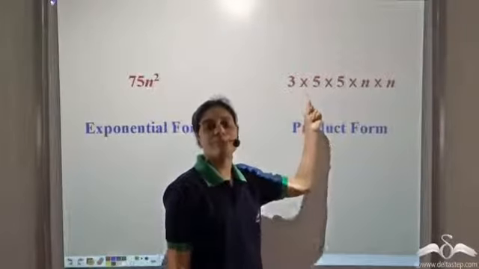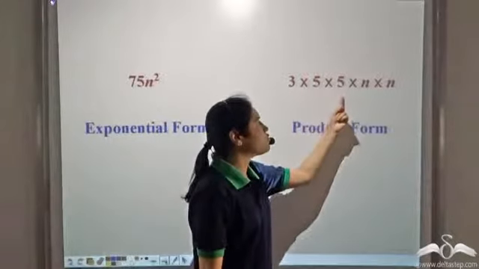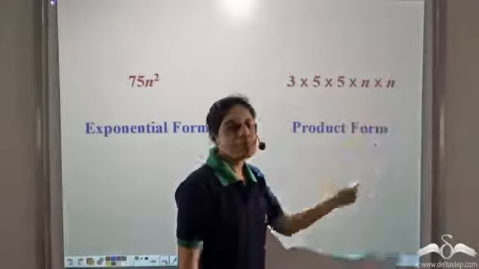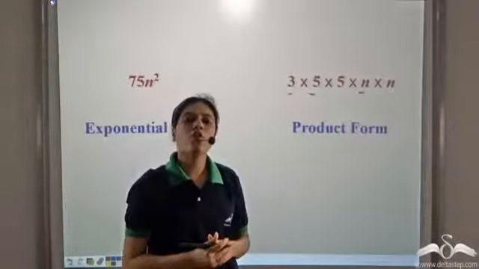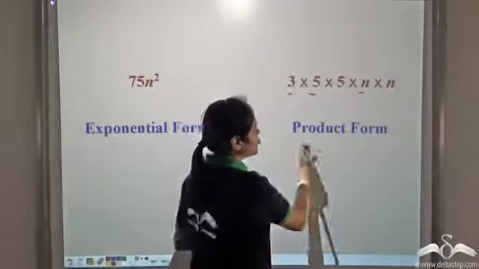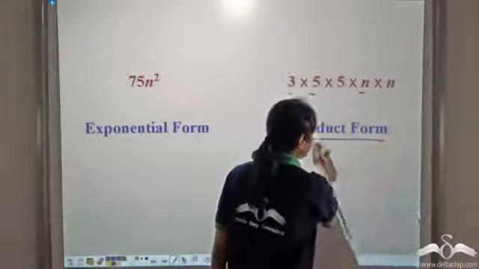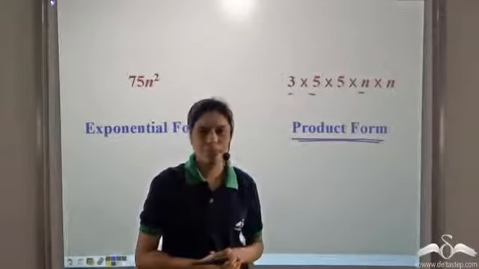Because they cannot be simplified further. So it's written as 3 into 5 into 5 into n into n. Now 3, 5, n, these cannot be simplified into further factors. So we say that 75n square is written in product form or irreducible form.